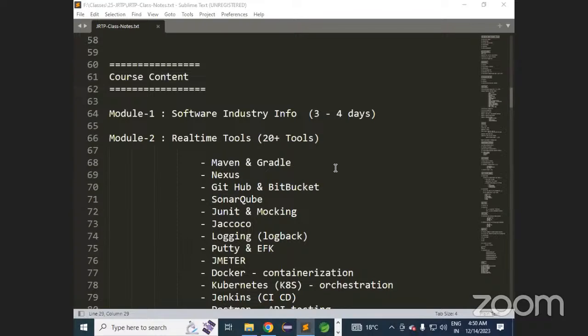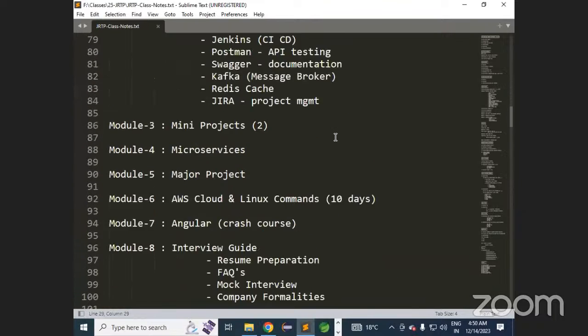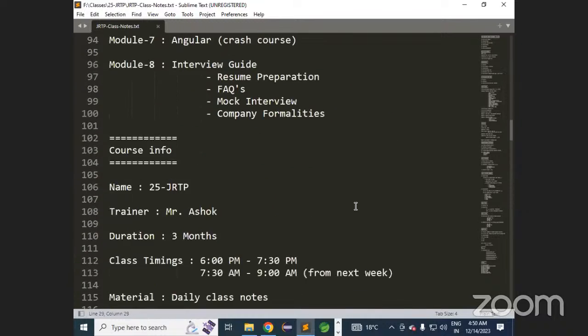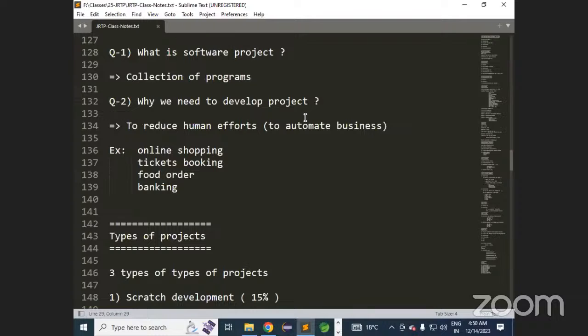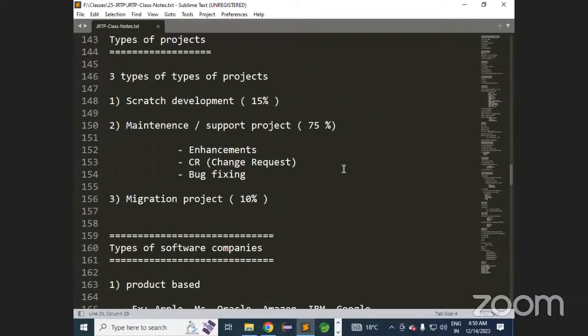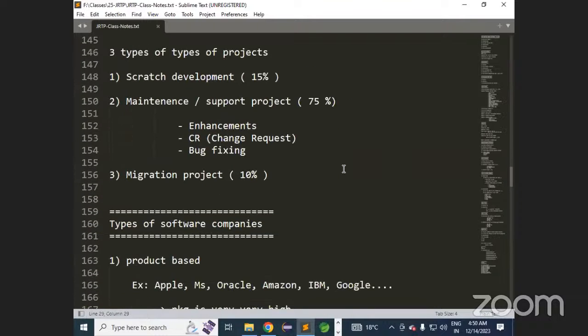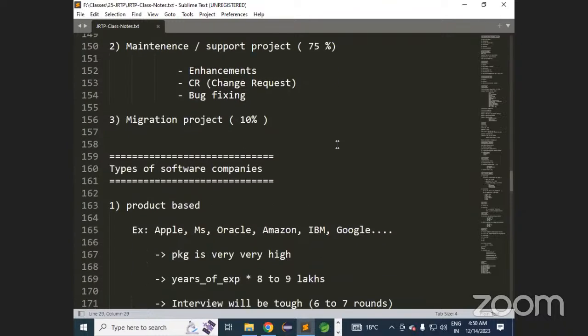Today is our fourth class for the Java real-time project. In the last session, we discussed some information related to the software industry: what is a software project, why we need to develop software projects, how many types of projects are available in the IT industry, and what type of work will be available in those projects.